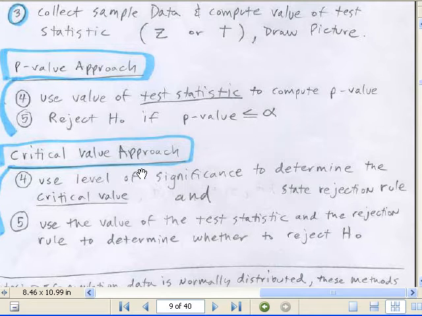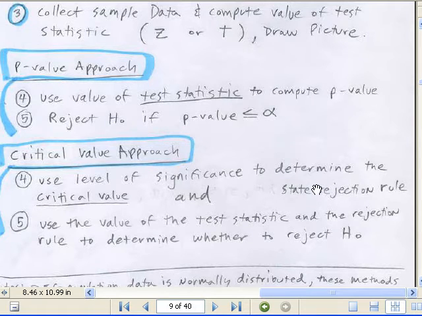Really, we just look at our risk on a chart, and whatever the dividing point is between the non-reject region and the reject region will be our critical value. And in step 4, we not only determine the critical value, but we state the rejection rule.